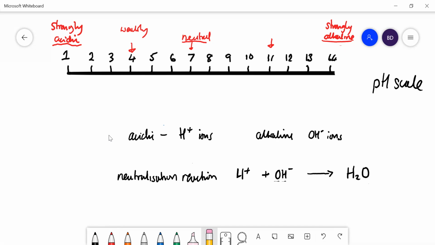So for example, if we added hydrochloric acid, you can't get a bottle of just H plus ions. It's got to come with a negative ion. So we have H plus ions and the negative ion to go with it, Cl minus, and that would be hydrochloric acid. Likewise with hydroxide ions, you can't have a bottle of just negative ions. It's got to come with a positive ion.